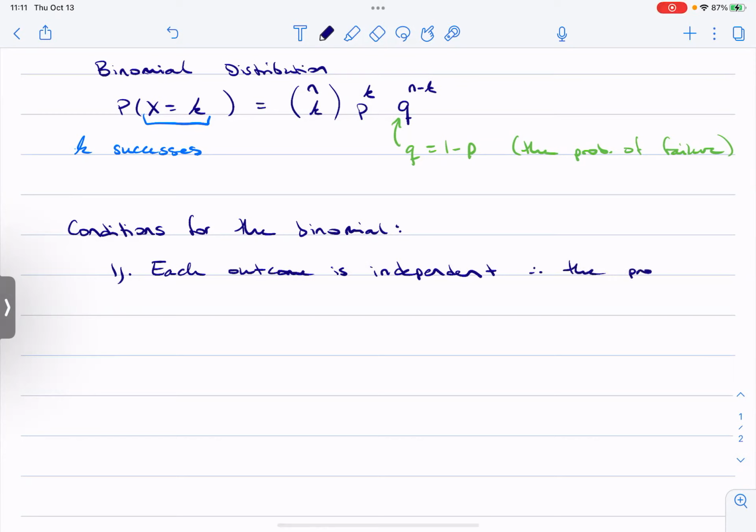Therefore, the probability of success is the same for each trial.